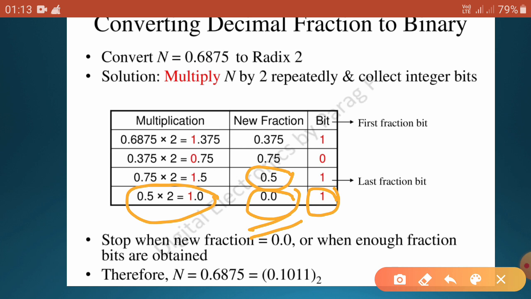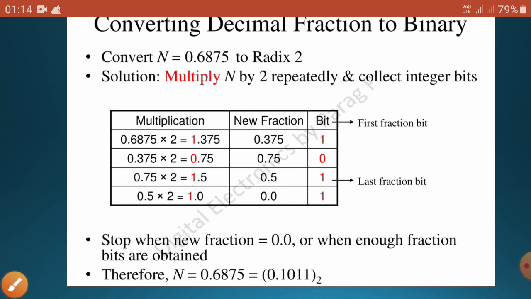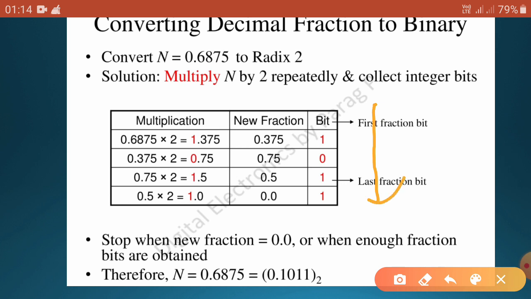The binary number for the decimal number 0.6875, we have to write from top to bottom. In the previous case, when there was no decimal fraction, we went bottom to top, but here it is a decimal fraction, so we collect the bits from top to bottom.